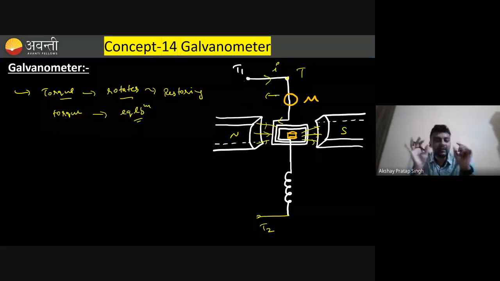This way you detect that there was some current. It works on the principle of torque. So what is the principle here? It is the torque.